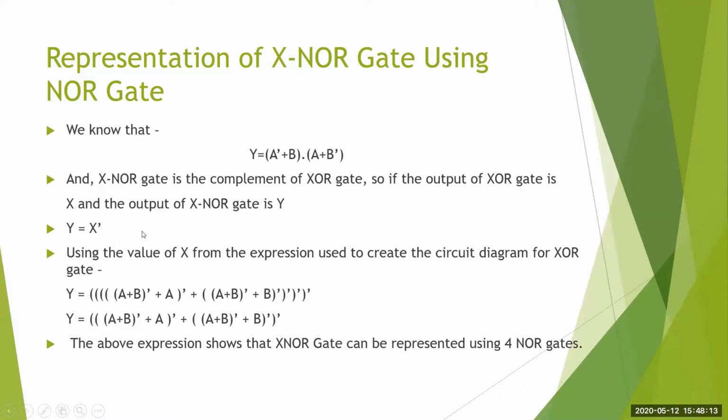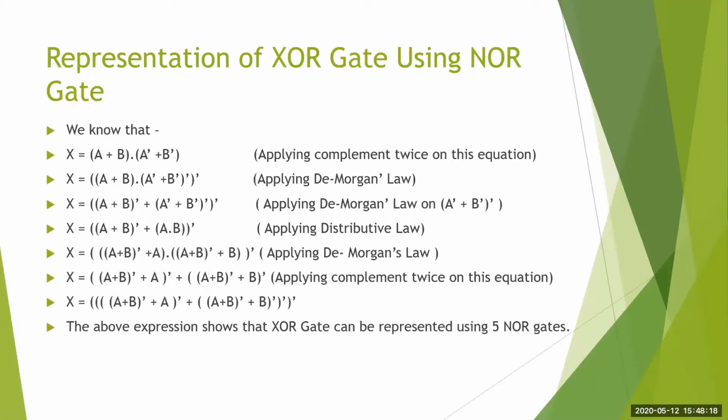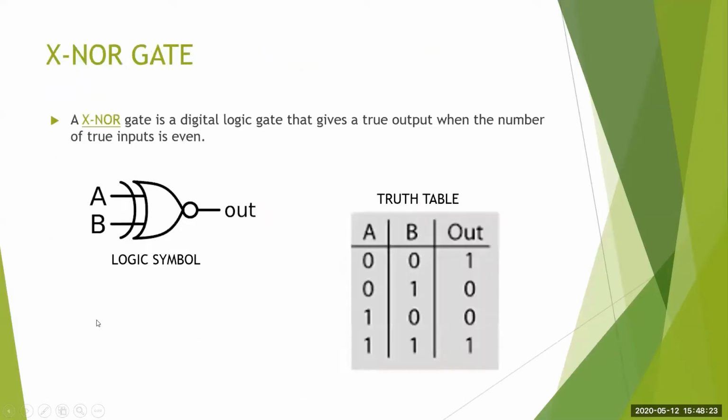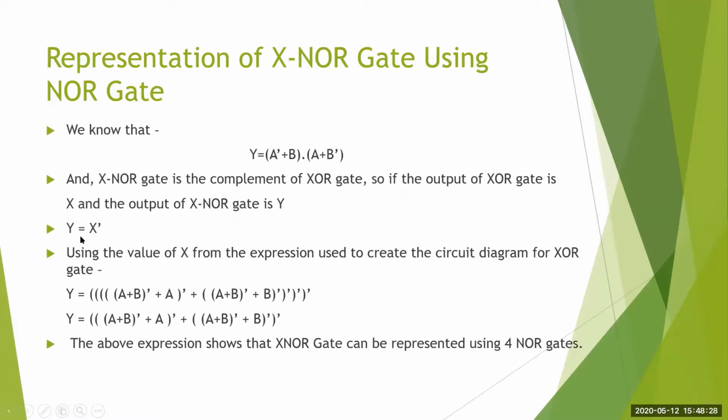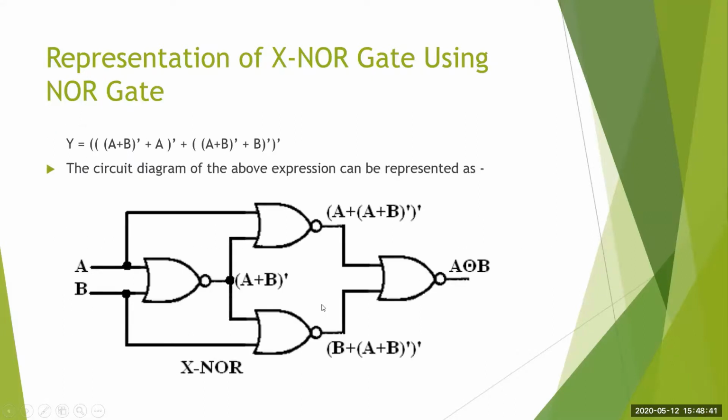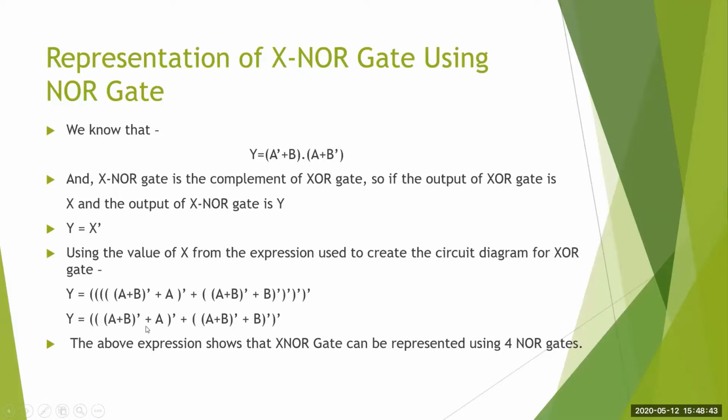Now using the equation for the XOR gate from this slide, this last equation, if we use this expression in y equals x complement, we can say y equals this expression. Now we know that the complement of a complement equals a. So here the last two complements will cancel out each other. So y equals this equation.